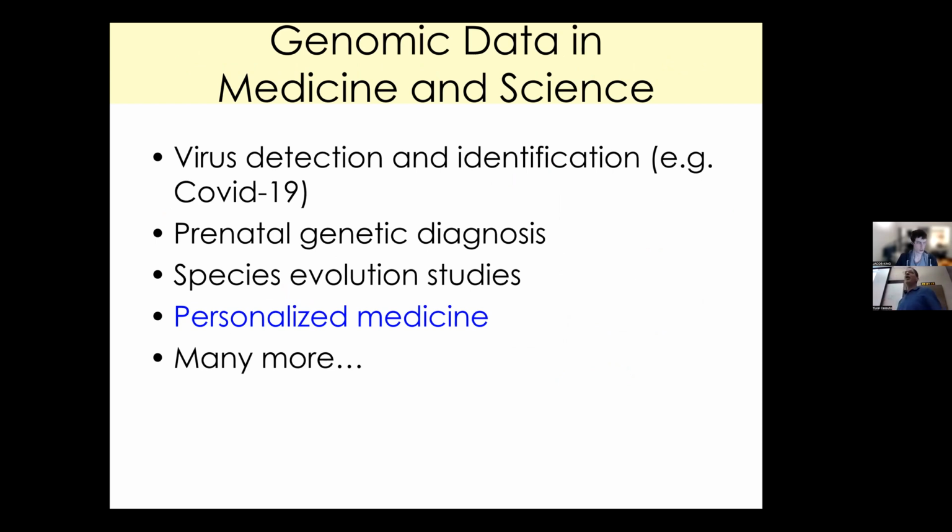That's a very hot thing, genomic data is of very high importance. We all saw the importance in the COVID treatment. There are also more traditional applications like prenatal genetic diagnosis, and some more scientific ones.